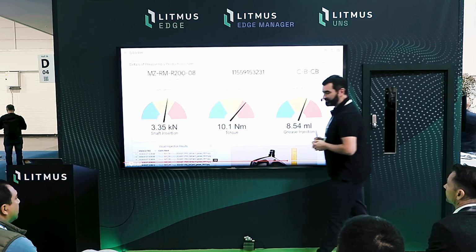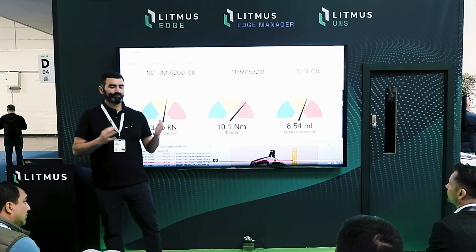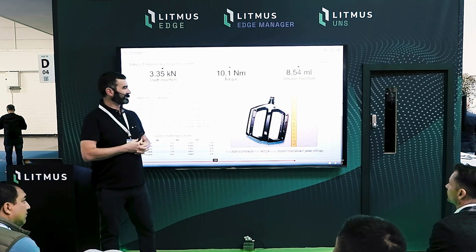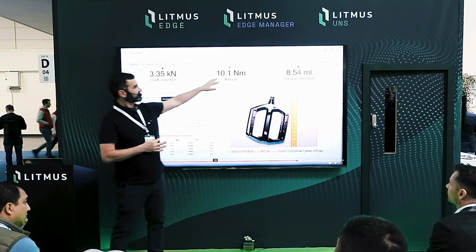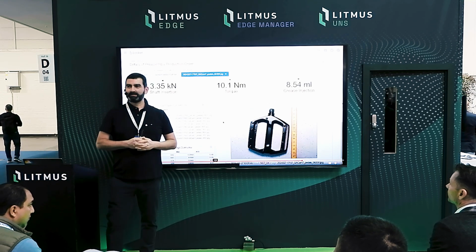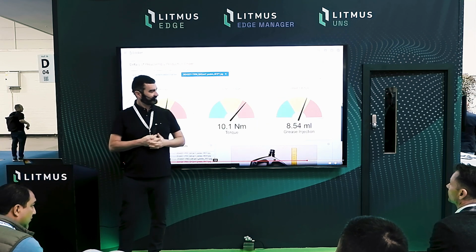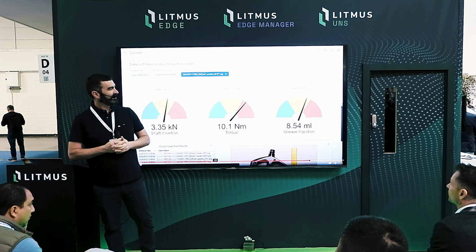Now we are jumping into a pre-assembly order, looking at the data in the process of putting all of the pedals together. We see that there is some anomaly within the torque. We have results from visual inspection, which we can switch the pictures through.